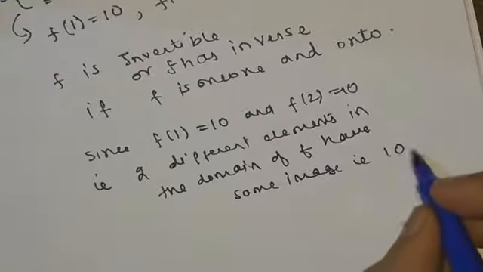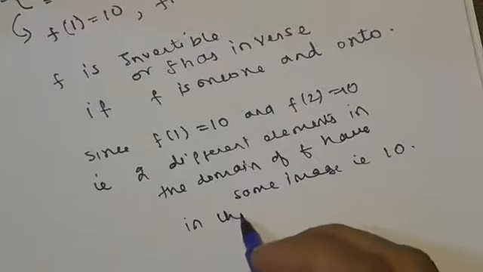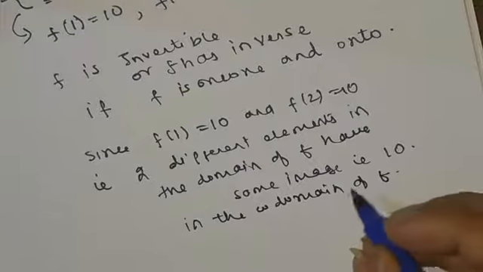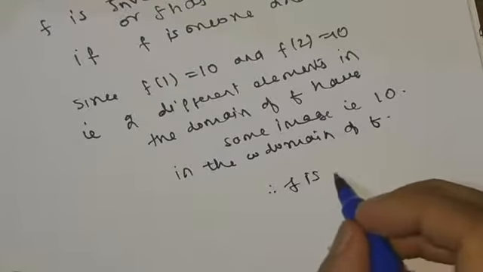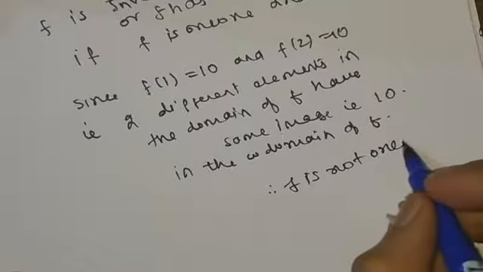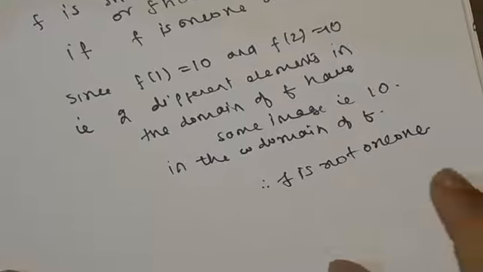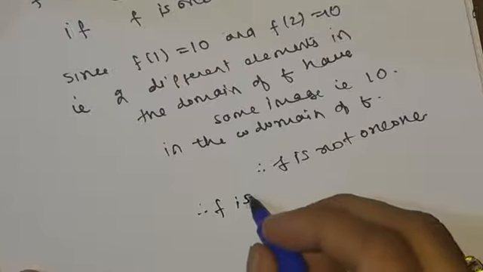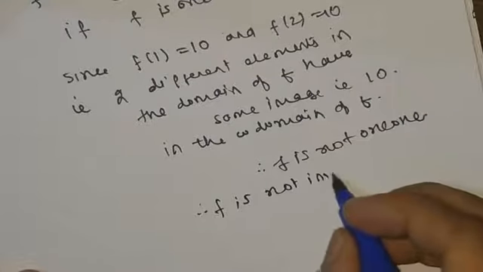Okay, that is 10 in the codomain of f. Okay, therefore f is not 1-1. Okay, if f is not 1-1, that means therefore f is not invertible.